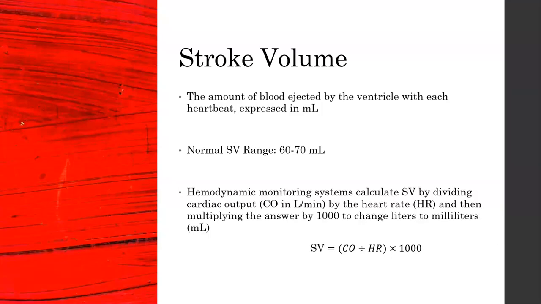The degree of stretch of our heart is directly affected by the amount of blood volume that is present in our ventricles at the end of diastole. So when ventricular fibers are at maximum stretch, this is when maximum cardiac output occurs.